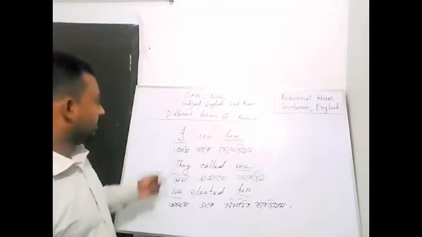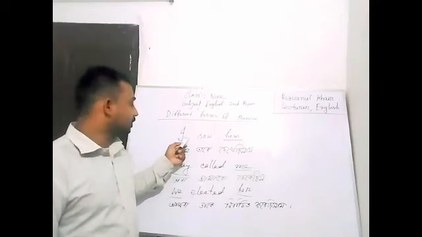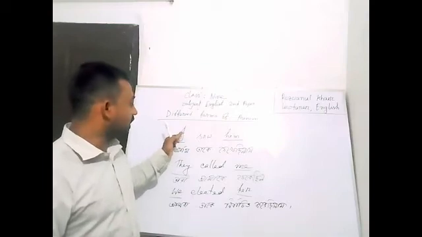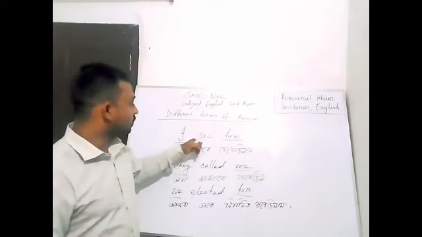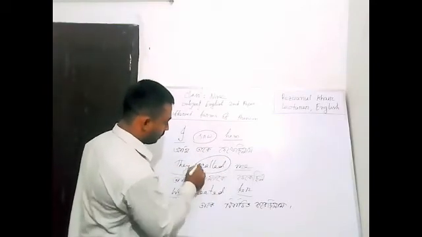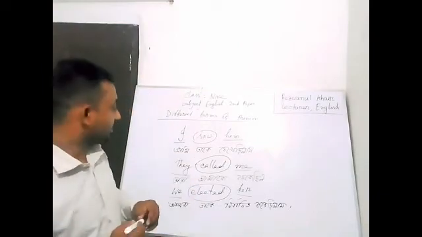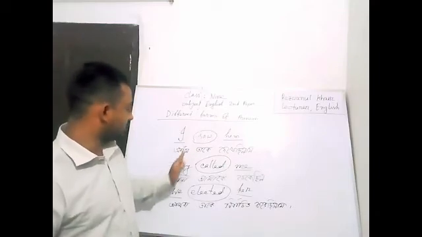Remember one thing, in Bengali sentences, the verb is used after the subject. That is, I saw. All these are verb forms, and they are said after the subject.